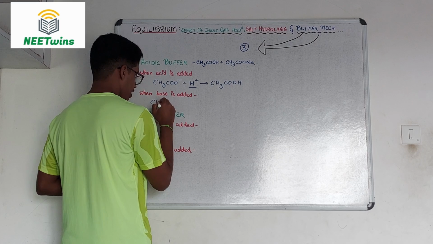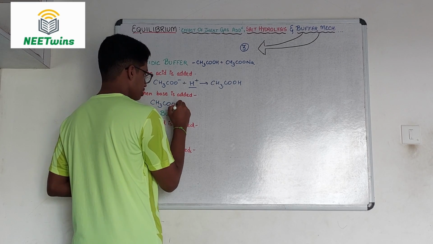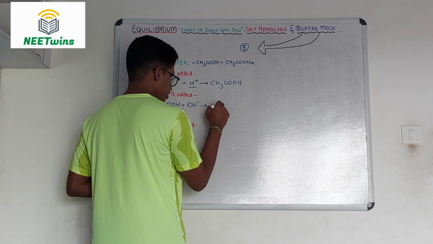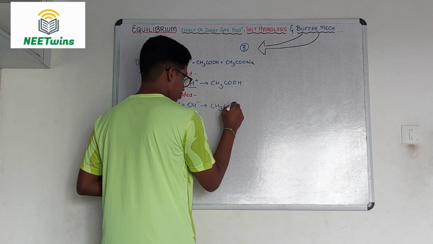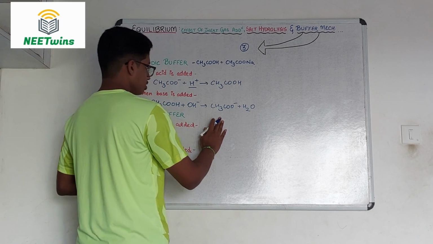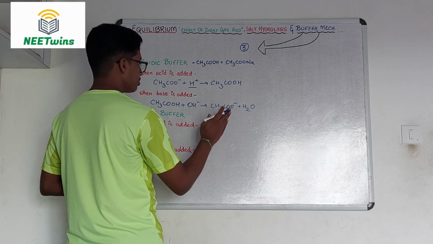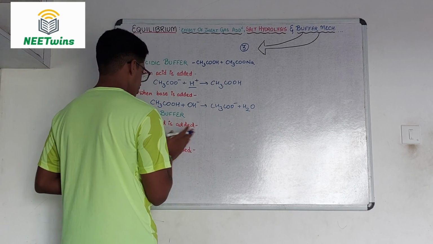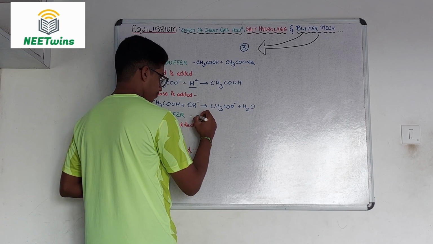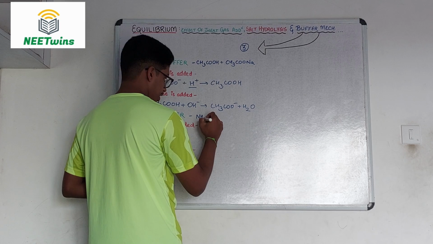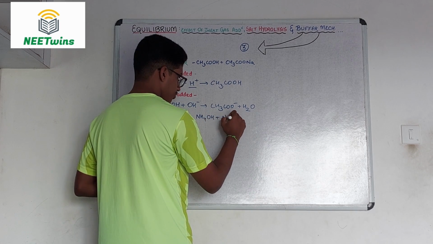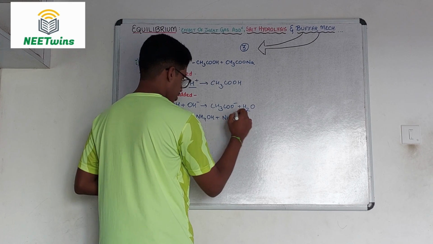And when a base is added, the CH3COOH, that's the acid itself which is present in solution, combines with OH minus to give CH3COO minus and H2O. So this also does not affect the pH, so the pH remains constant even when base is added. Now coming to a basic buffer, we'll take the example of NH4OH, that's a weak base, and salt of it with strong acid, that is NH4Cl.